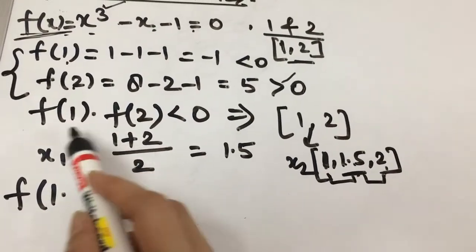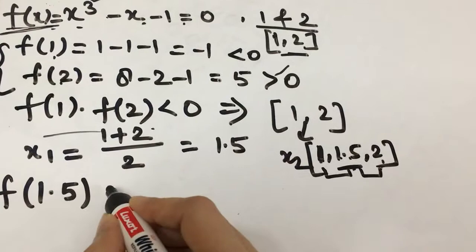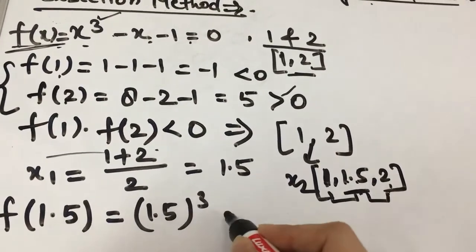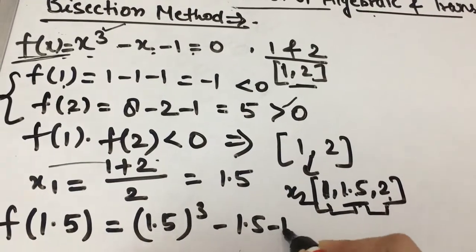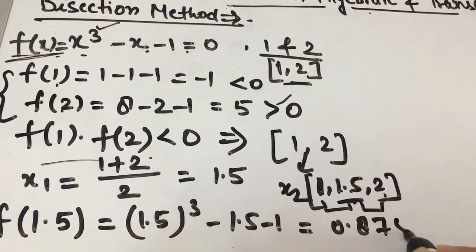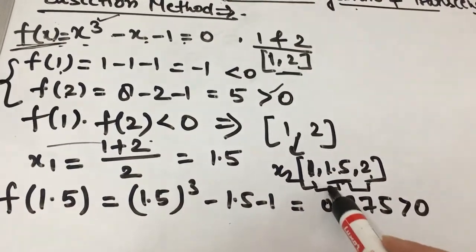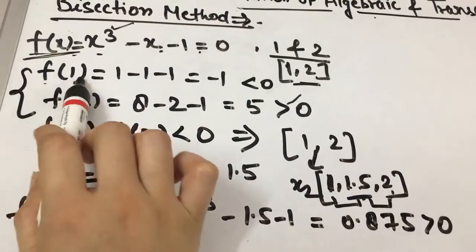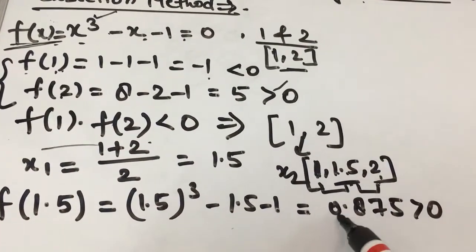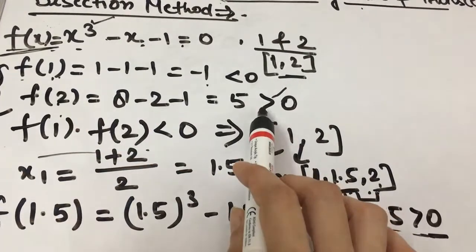We will check from this property. For that I need to calculate the value at 1.5. Its value will be 1.5 cube minus 1.5 minus 1, and hence its value will be 0.875, which is positive. So from here I can see the value of f(1) is negative 1, the value at 1.5 is 0.875, positive, and the value of f(2) is also positive.